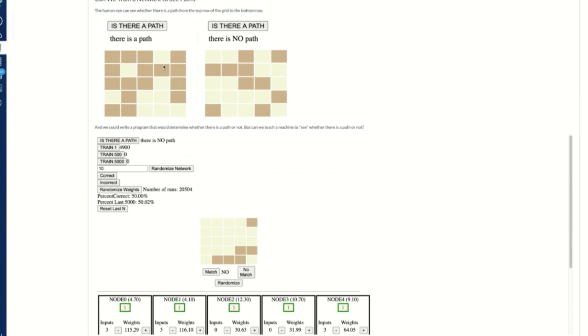Every single pattern that's possible in this 5x5 grid can be represented by a 25-bit number, which is just a number, right? And what we want to do is map each of those numbers, which each represents a pattern, to there is a path or there is not a path.